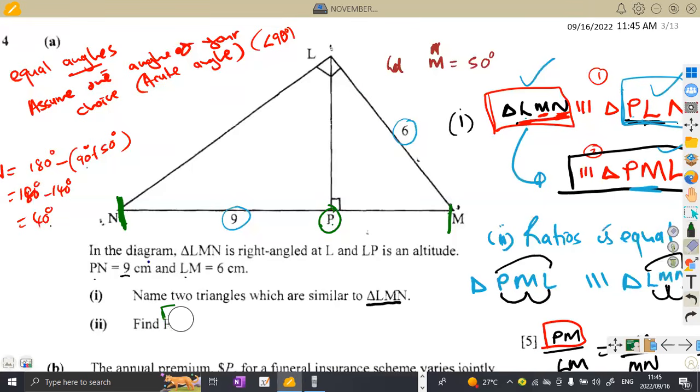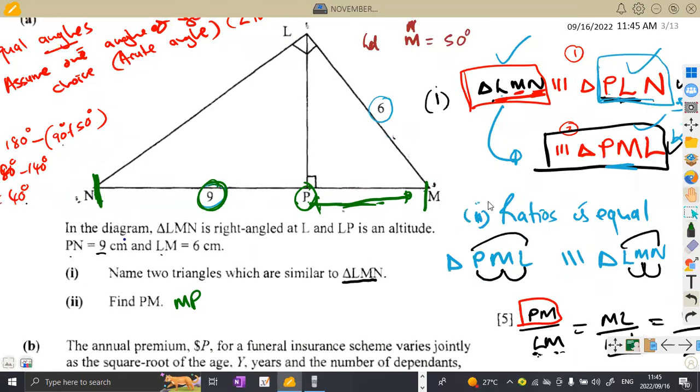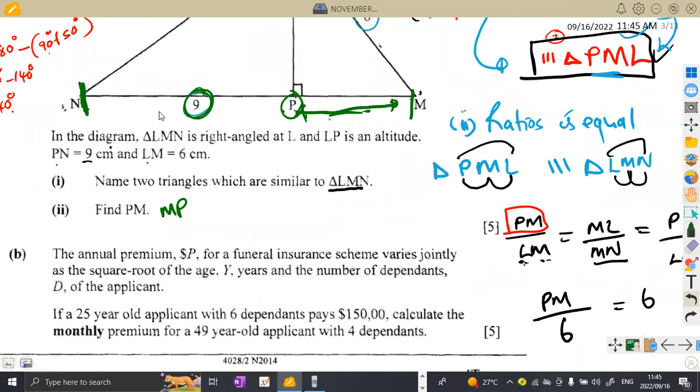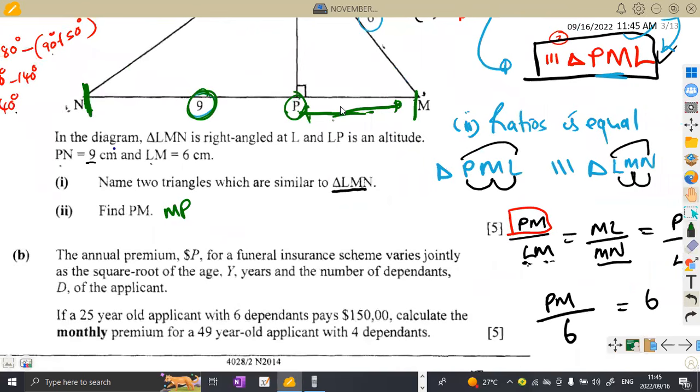Writing it as PM or as MP is one thing. So it's a combination of PM and 9. These are the two parts we are going to add together to get MN. Take note, guys, here it's MN, a combination of these two, which is 9 plus PM.